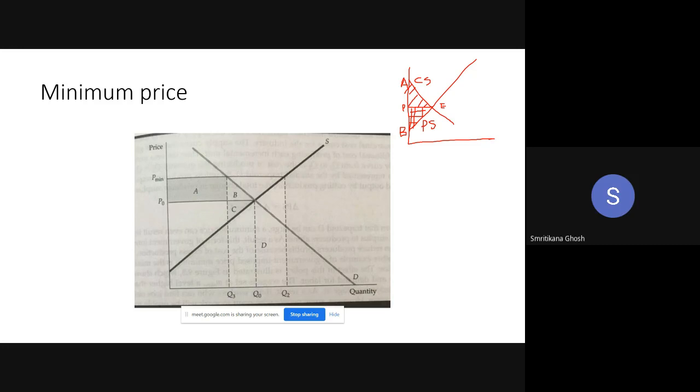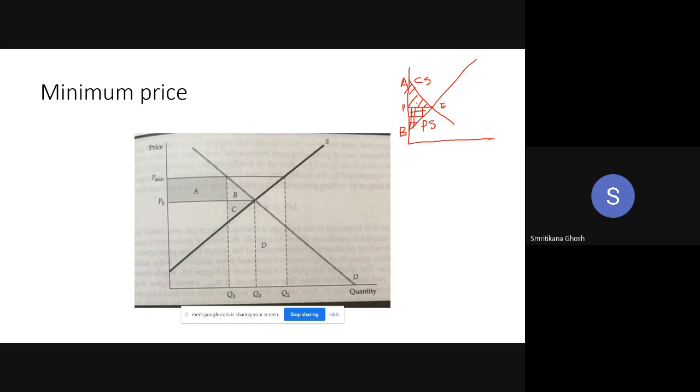Yes, ma'am. Okay, fine. Now look, the sum total of consumer surplus and producer surplus is called the social welfare. What is the consumer surplus? Consumer surplus means after paying the price of the commodity, the money which the consumer has.